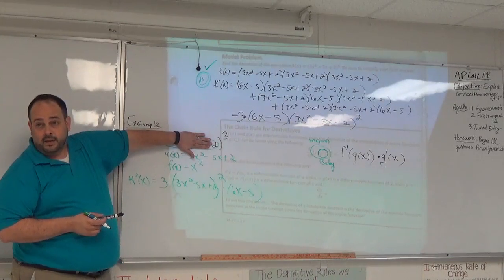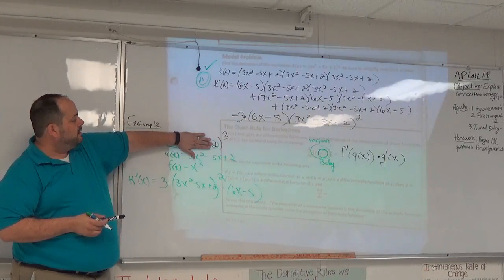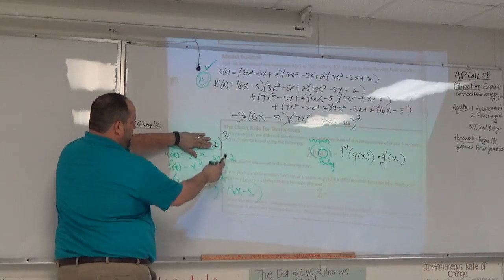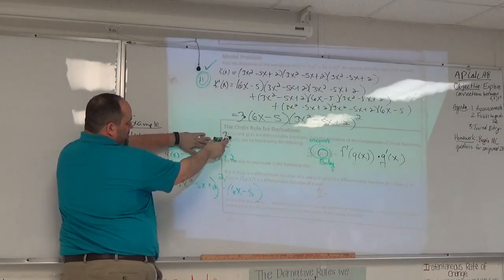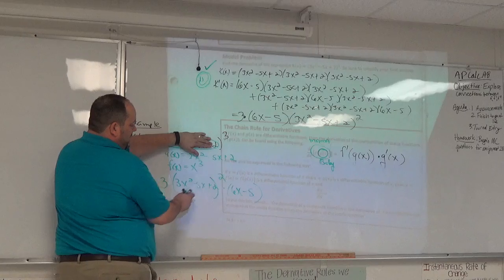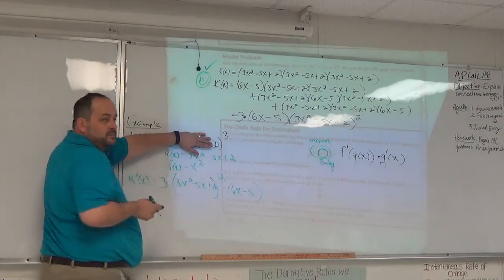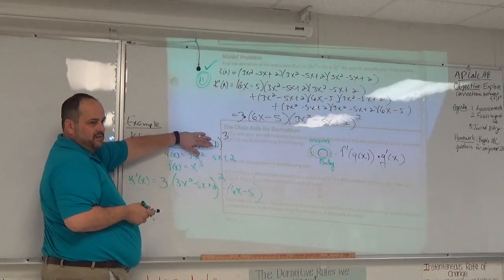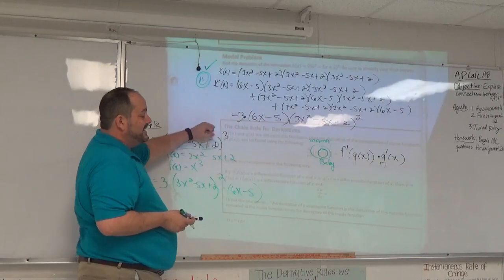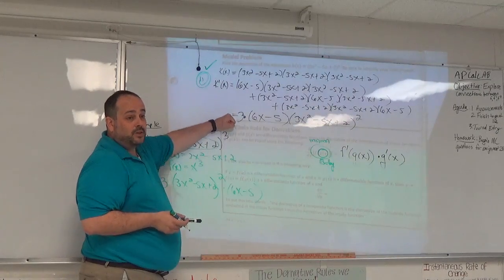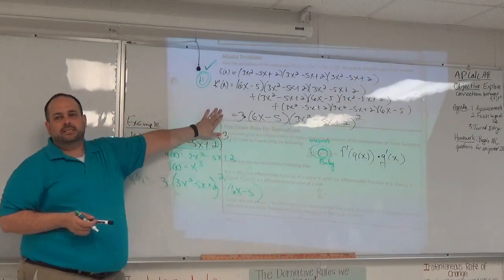Ignore the baby for a little bit. Take the derivative of the mama, which if mama is x cubed, the derivative is 3x squared, times the derivative of the baby, which is 6x minus 5. Which is exactly what we came up with earlier with the extended product rule.